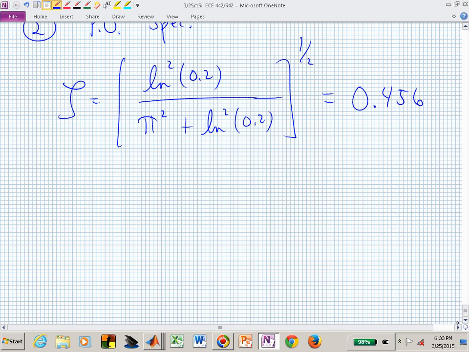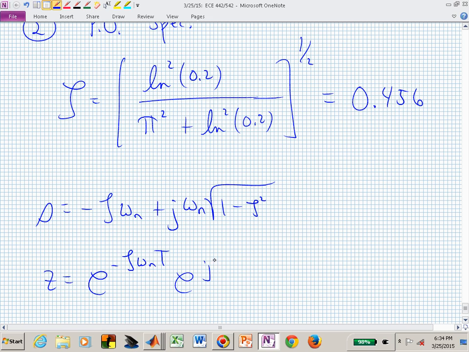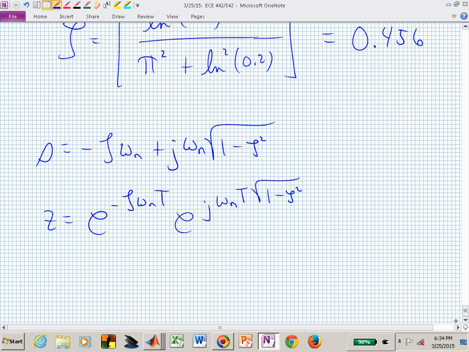And we now need to translate that into an angle. s is minus zeta omega sub n plus j omega sub n square root of 1 minus zeta squared. z is e to the minus zeta omega sub n T, e to the j omega sub n T square root of 1 minus zeta squared, where we're using e to the sT. This piece is our radius.